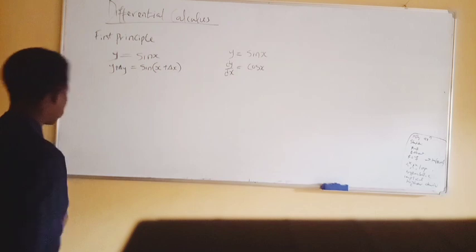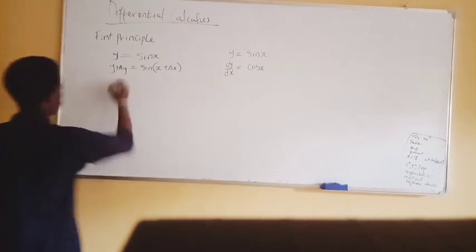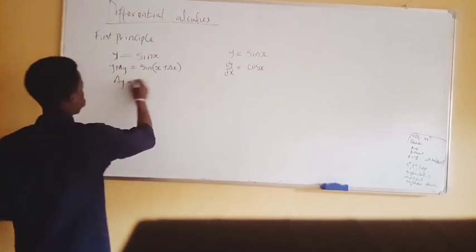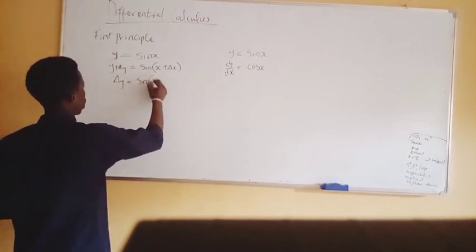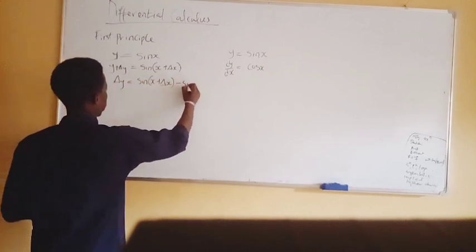Now, we'll make delta y the subject of the formula. Of course, delta y is equal to sine of x plus delta x minus sine x.